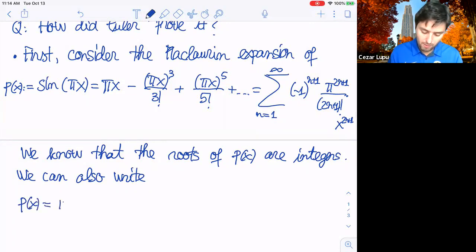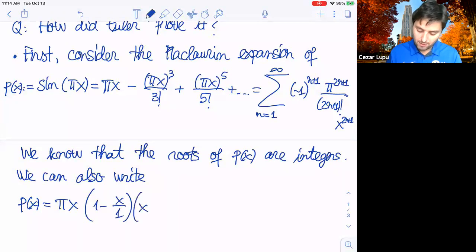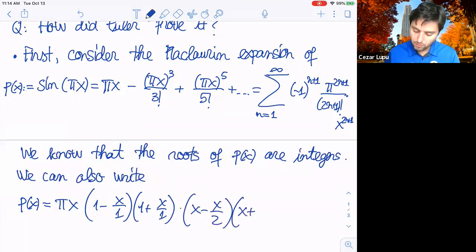We can factor here pi x, and this will be 1 minus x over 1 times 1 plus x over 1, and we keep going, x over 2 times 1 plus x over 2, and so on.